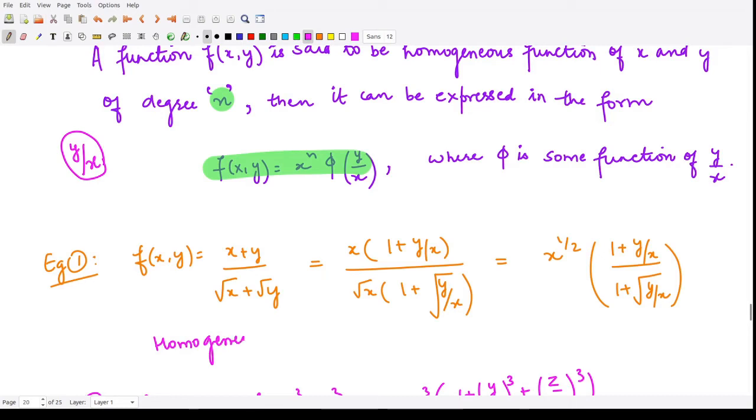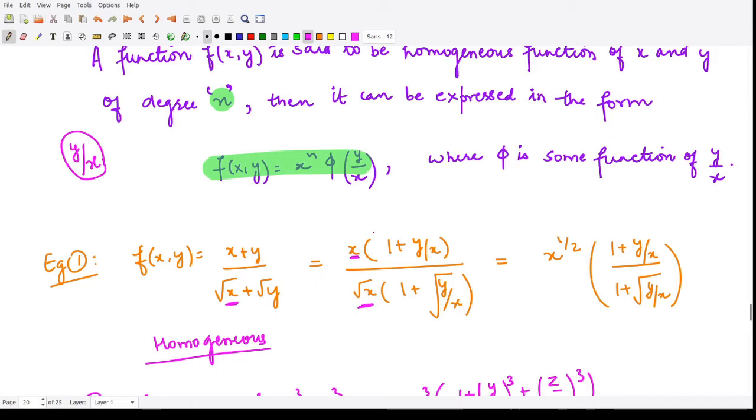Why? Because from the numerator you could take out x common, so you could write this to be 1 plus y by x, and from the denominator you could take out square root x common, so it would be 1 plus square root of y by x.